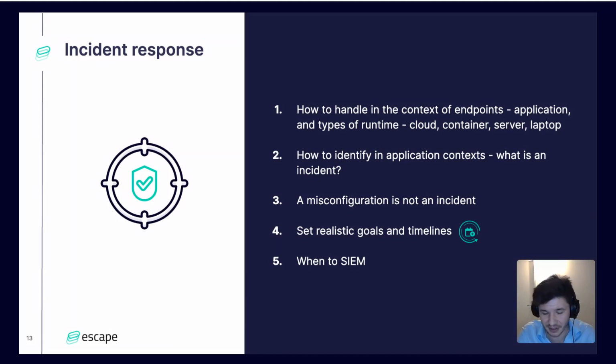Thank you, James. That's very insightful. You mentioned RASP, and I have a question regarding that. In the past years, you have heard a lot about shift left security and application security and product security.